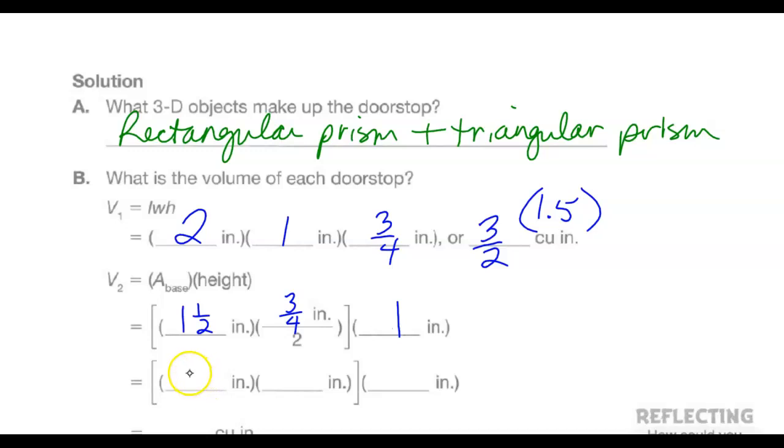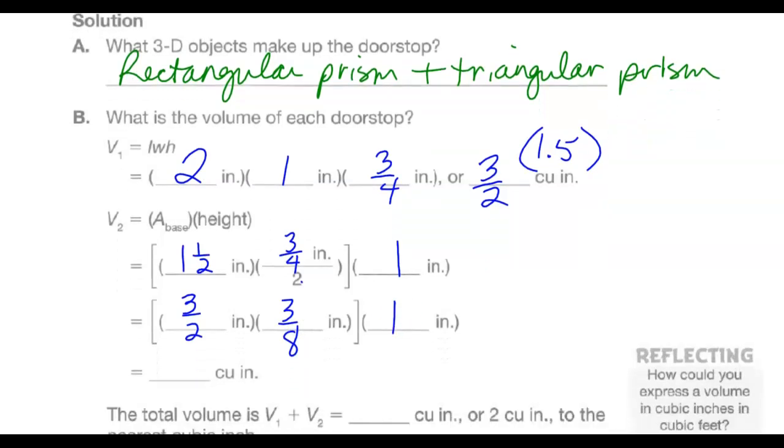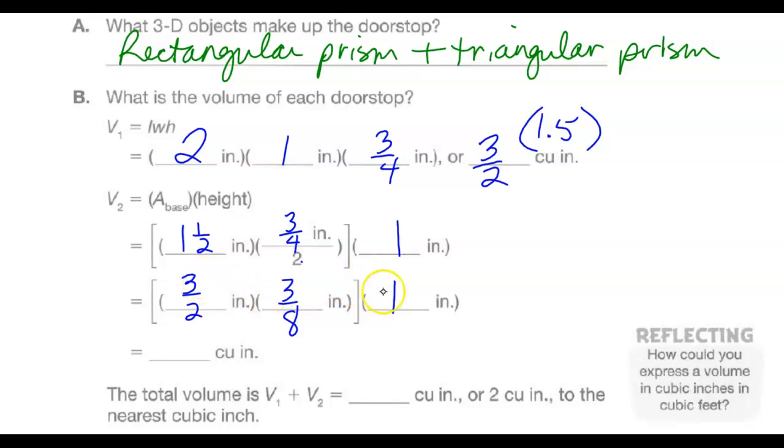Really, that's 3/2. If I keep this as fractions, 3/2, 3/4 divided by 2 is 3/8 times 1. I kind of want you to practice your fractions here. Then multiply all of those together, and you get 9/16.